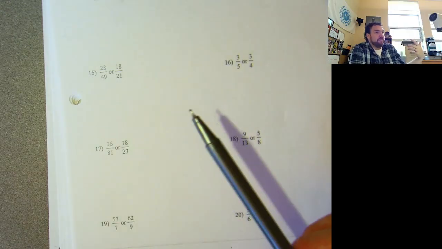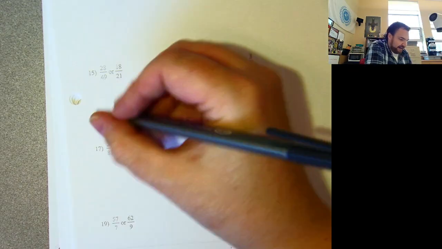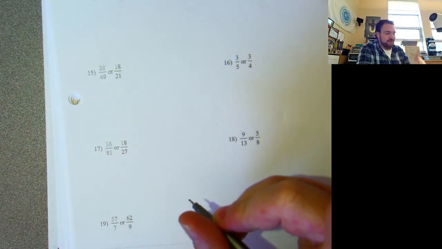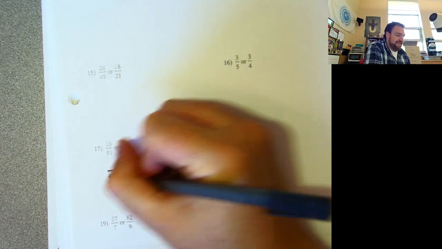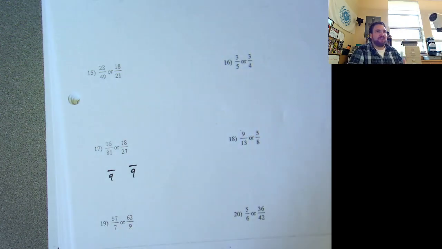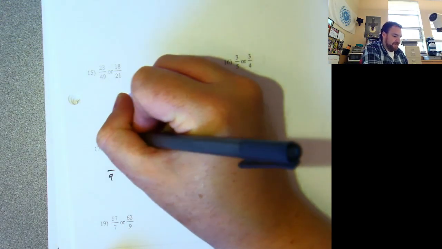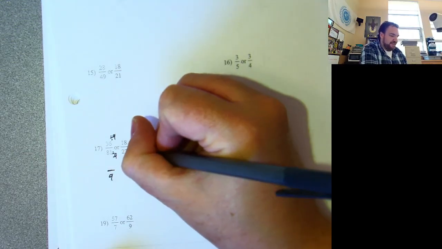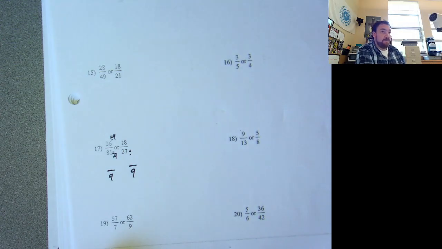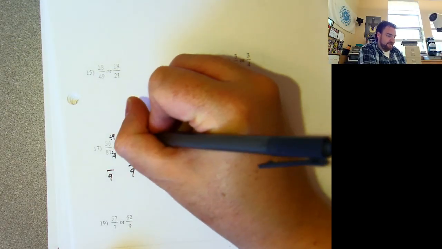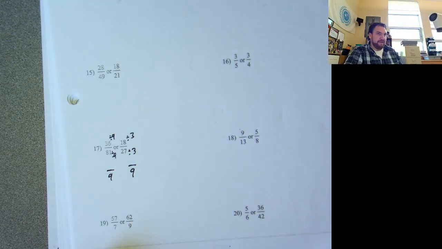But we don't have to go all the way. You just have to reduce them a little bit. Let's divide them all by 9. Or sorry, no, that's not what I want to do. They aren't all divisible by 9. I want to take them down to ninths. So, to take 81 down to 9, I divide by 9, which means I have to divide the 36 by 9 as well. 27 is going to be divided by 3 to take us down to ninths, which means 18 also needs to be divided by 3.